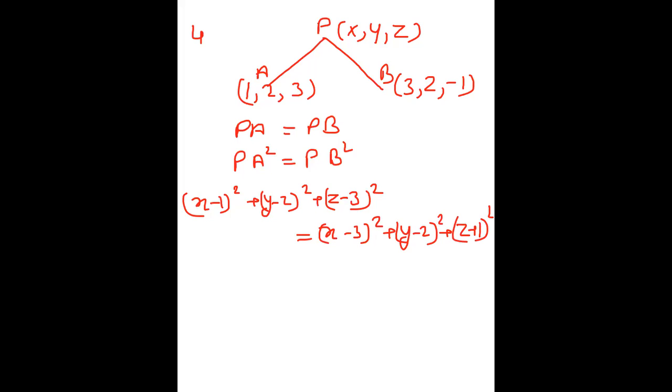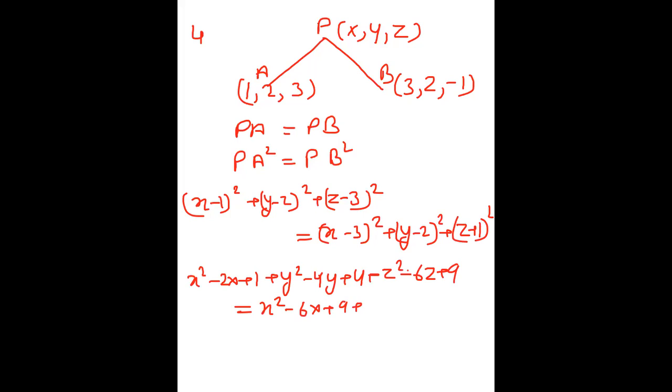whole square. Now it will become x square minus 2x plus 1 plus y square minus 4y plus 4 plus z square minus 6z plus 9 equals to x square minus 6x plus 9 plus y square minus 4y plus 4 plus z square plus 2z plus 1.